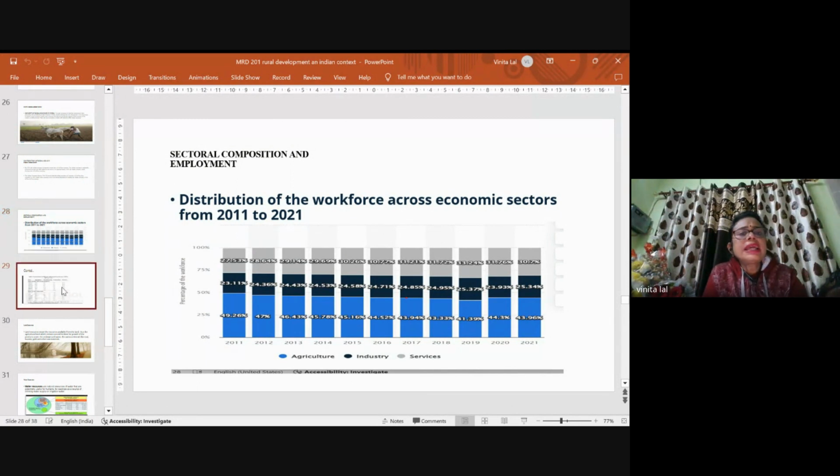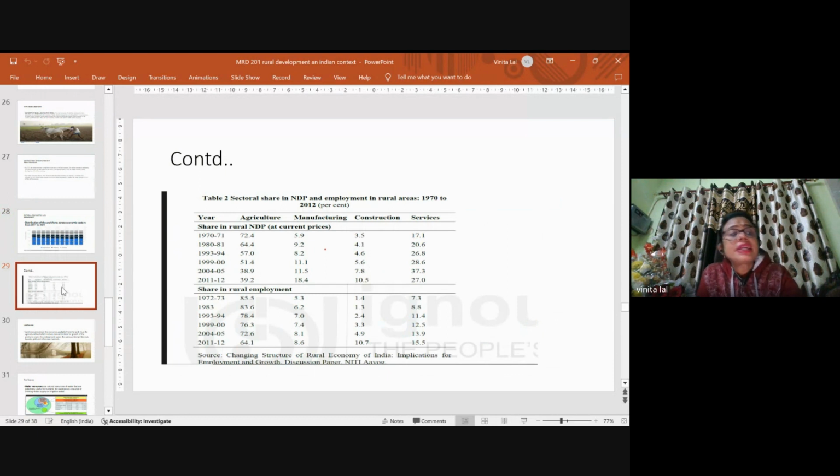Now come to the next slide. This is the sector share in NDP growth rate. This is all growth rate in output and employment, showing large variance across sectors over different periods, which helps understand the country's rural economy. The sector-wise growth rate in NDP and employment over 3 sub-periods, these all you can see.